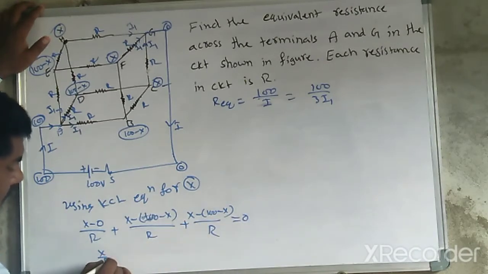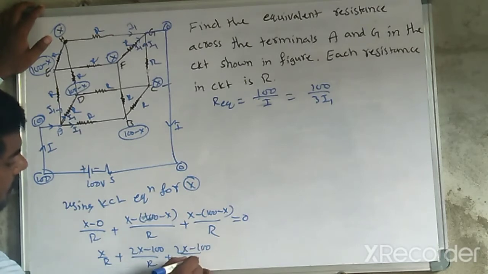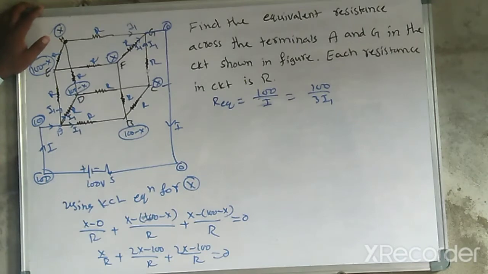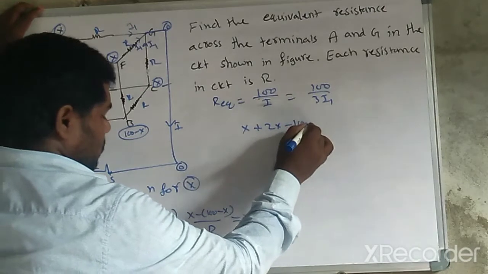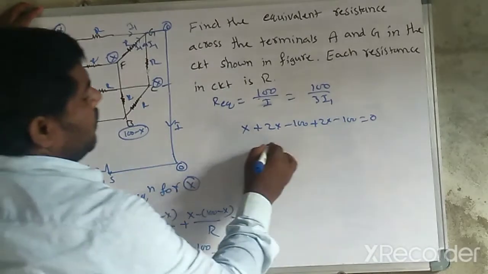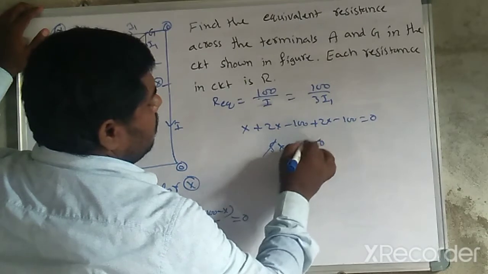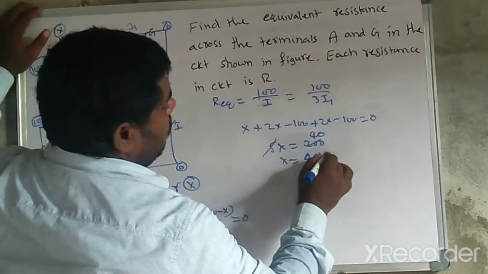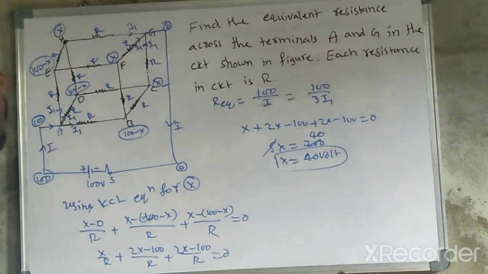So X by R plus (2X minus 100) by R plus (2X minus 100) by R is equal to 0. Take out R as the common factor. The final equation: X plus 2X minus 100 plus 2X minus 100 is equal to 0. So 5X is equal to 200, so X is equal to 40 volt.